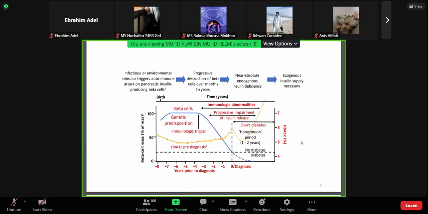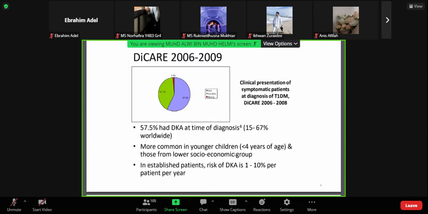Hopefully you can understand the graph. By the time of diagnosis, at year 0, the beta cell mass will usually be around 15 to 20%, until then they become diabetic and require insulin.